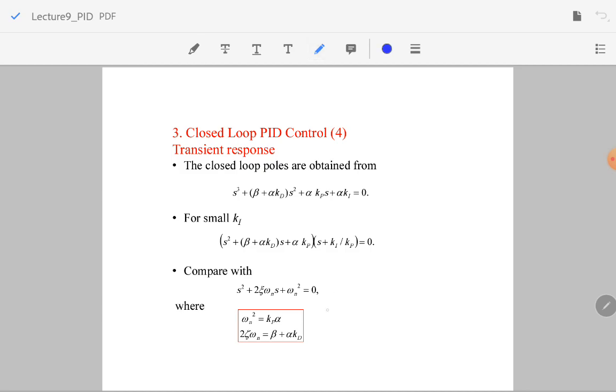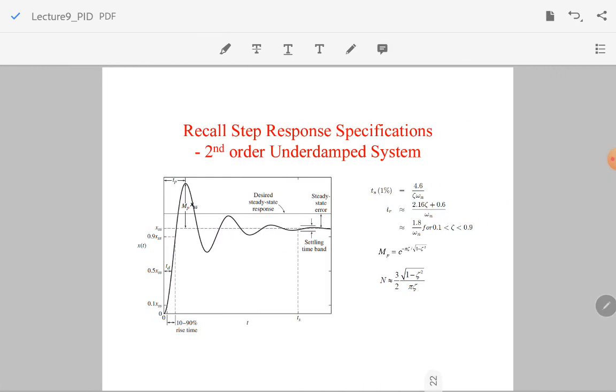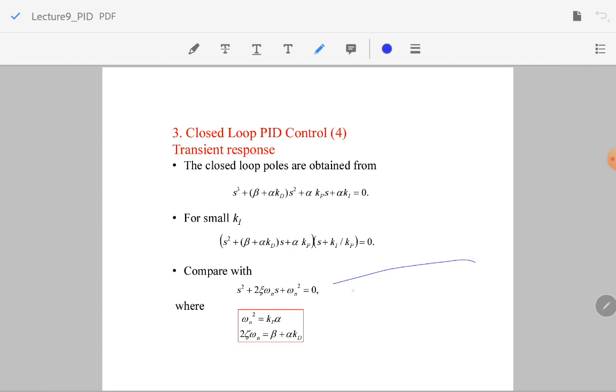That means you're going to have roots where s equals minus zeta omega n plus or minus omega d i, where omega d equals omega n times the square root of 1 minus zeta squared. And we have another root, which is negative Ki over Kp.